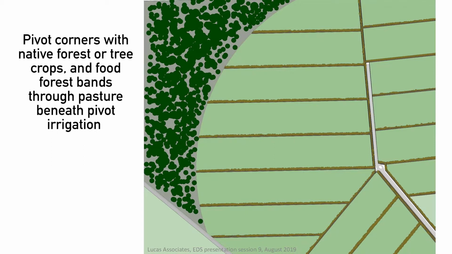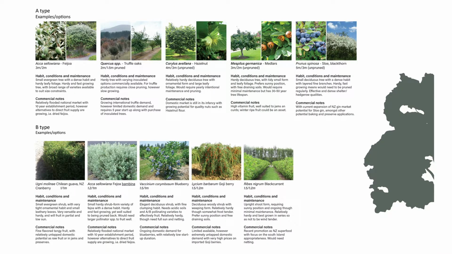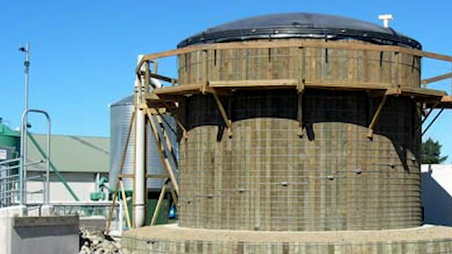So in looking at that, our woody forest food bands with their roots going down and those lines intercepting groundwater flows of nutrients, here's all the species we could use. Then a second stage, adding devices.